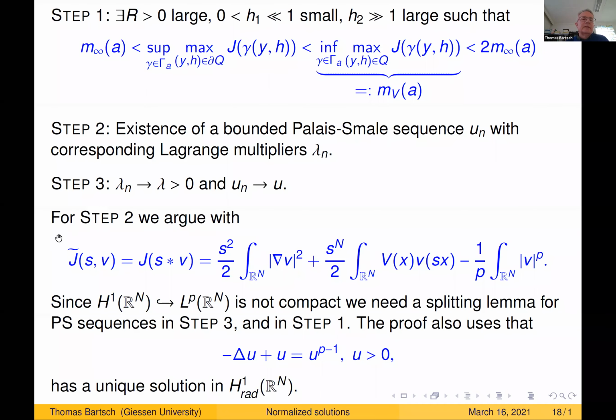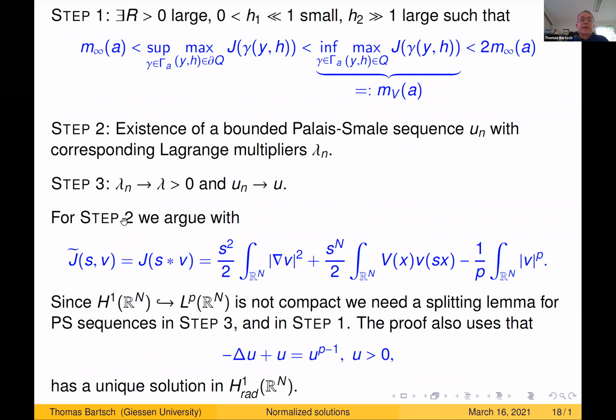The final arguments here are, I mean, we can use this to get the bounded Palais-Smale sequence, but then to conclude, since now we cannot work on the space of radial functions, we don't have a compact embedding, and then we need a more refined argument, a splitting lemma for the Palais-Smale sequences of this constraint problem.